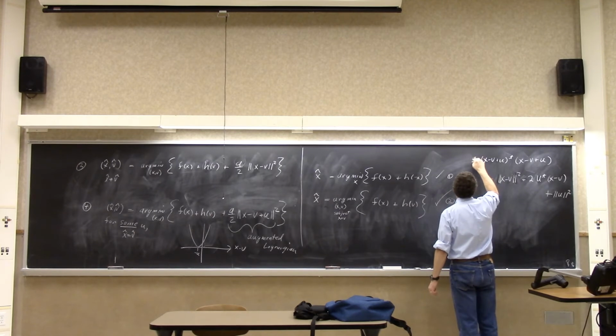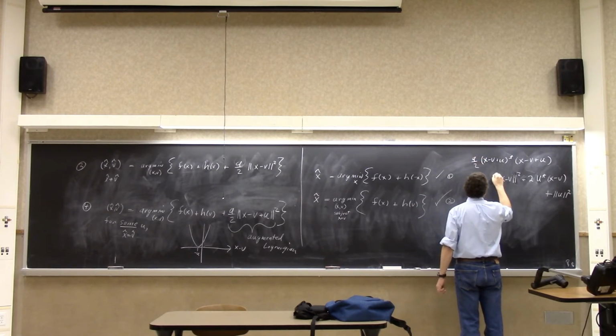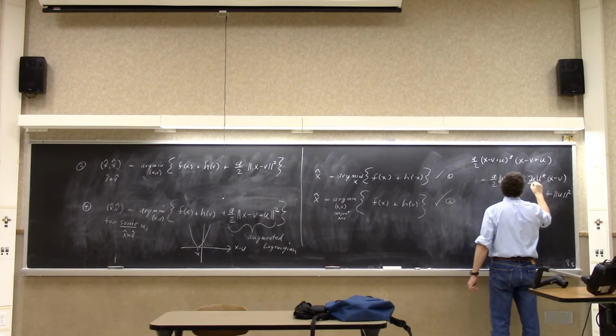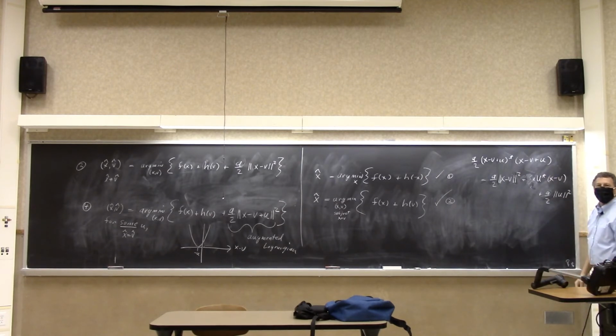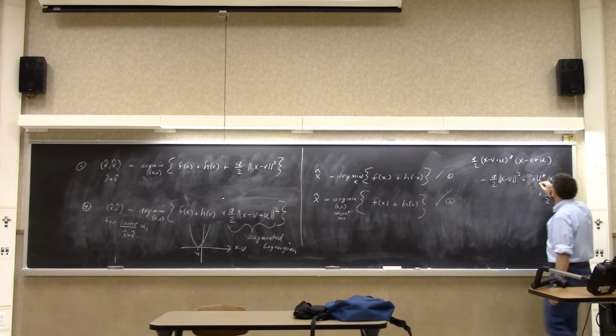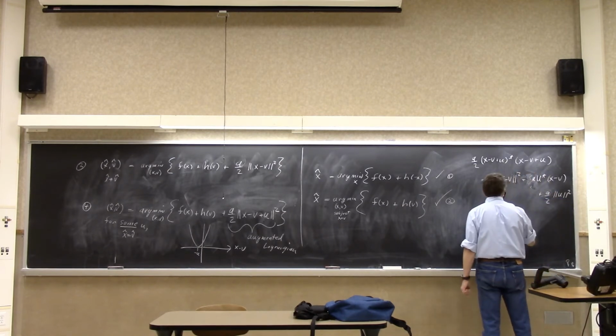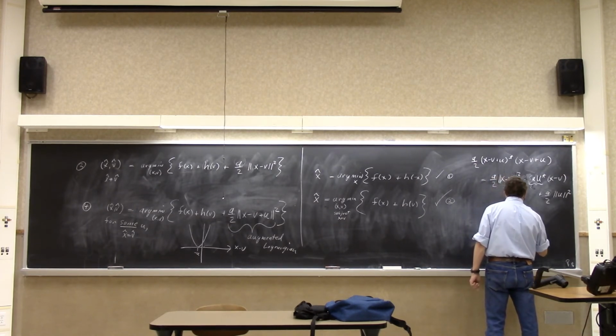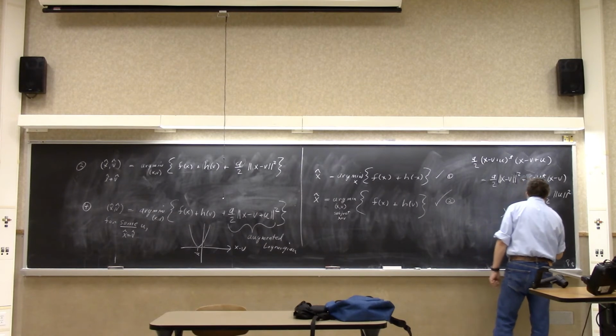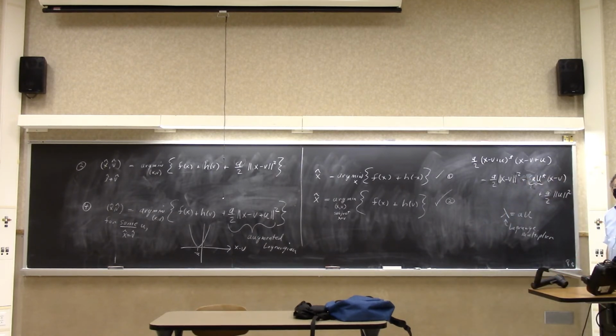And since there's an a over 2 here, the 2 cancels out, and this is plus a over 2 times the norm of u squared. So it turns out this thing is the Lagrange multiplier. So lambda is a u. This is the Lagrange multiplier.